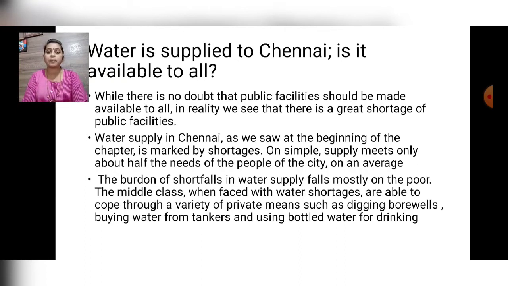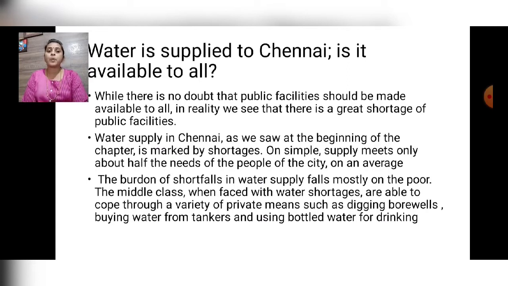What about the rest? The burden of shortfalls in water supply falls mostly on the poor. Yes, we saw the people who are living in the hutments or in the slum area, they get only 20 minutes of water twice a day.